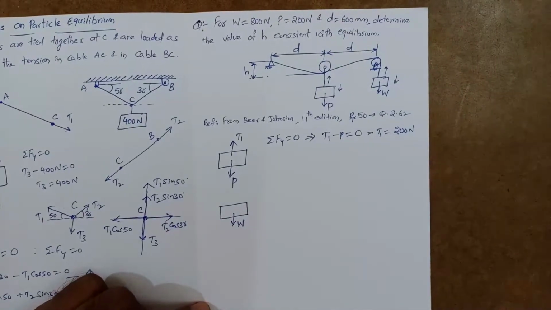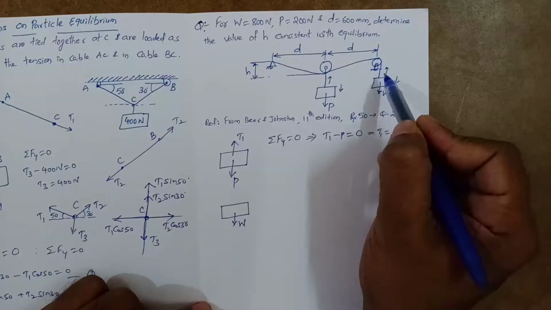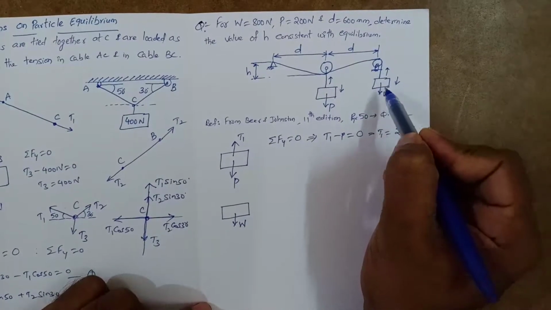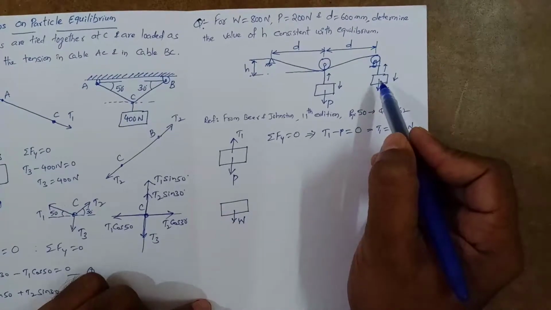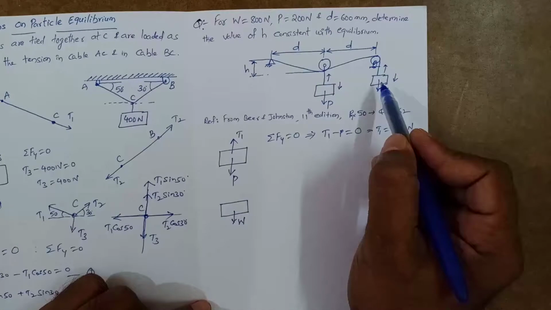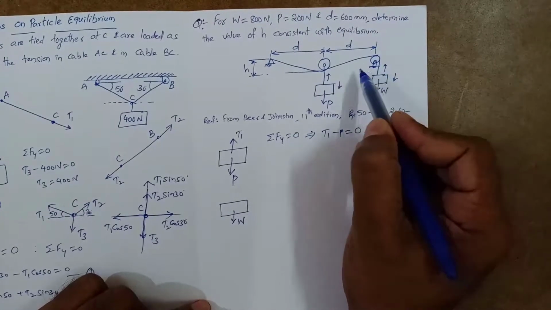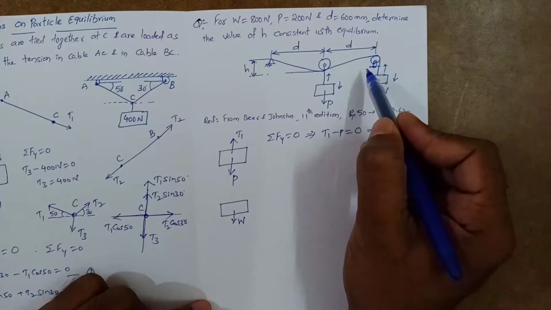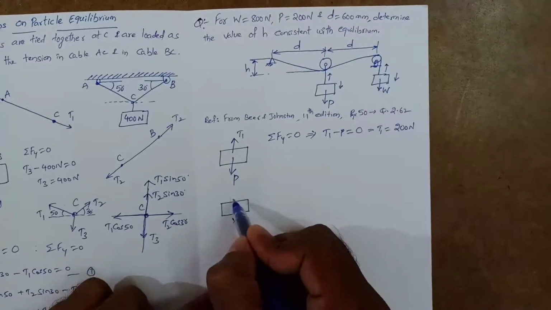Action and reaction. We want the force exerted by the cable on the body, because we are now drawing the free body diagram for this body and we have to show the forces acting on it. This body is in contact with this cable, so remove the cable and show the force exerted by the cable on the body, which is in the upward direction.